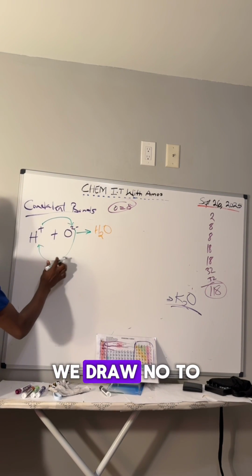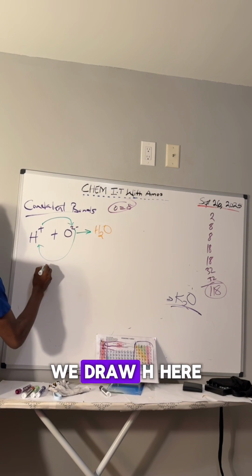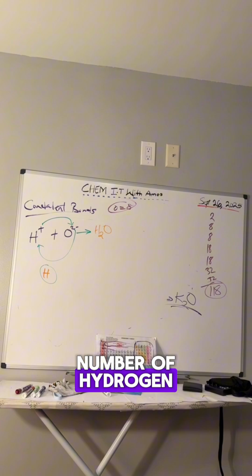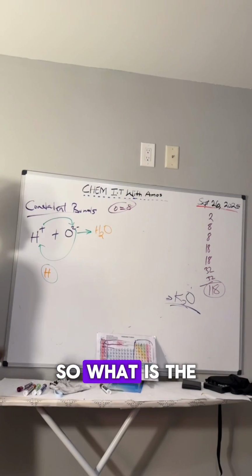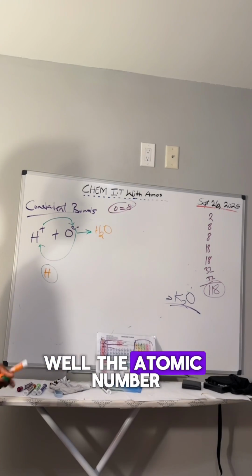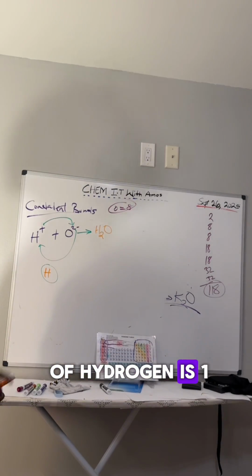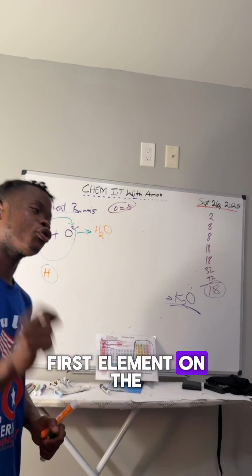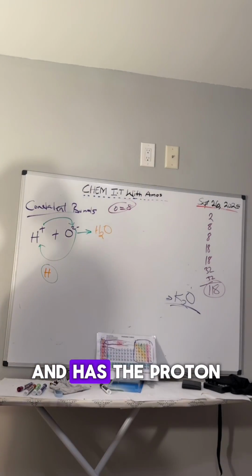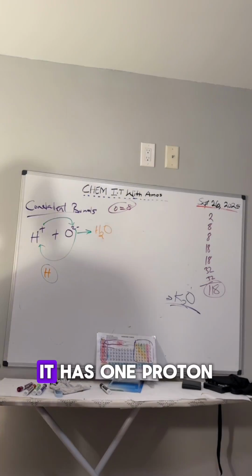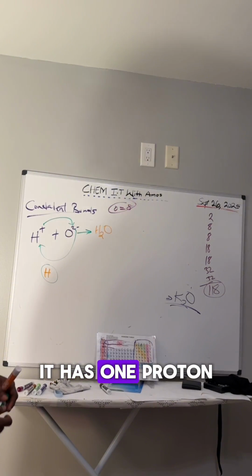We draw H here. What is the atomic number of hydrogen? Well, the atomic number of hydrogen is 1 because hydrogen is the first element on the periodic table and it has 1 proton.